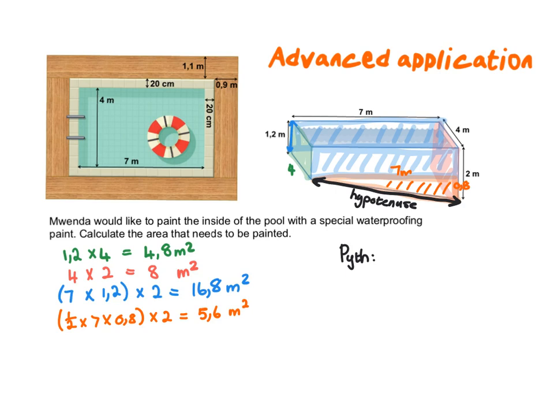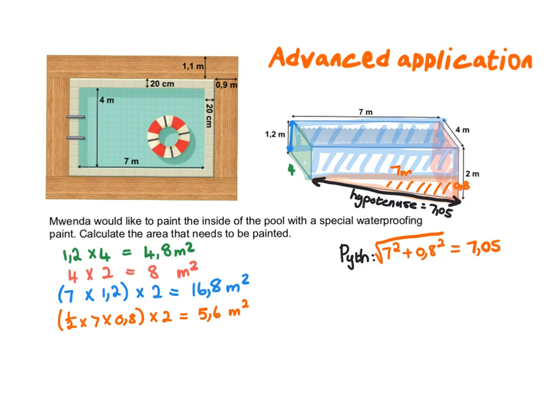Using the information from my orange triangle, I'm going to say 7 squared plus 0.8 squared. And if you watch the Pythagoras video, you know that I like to put the whole thing in a square root sign so that it's one step. And this gives me a length of 7.05. So I'm going to fill this in on my drawing so that I know what is happening.